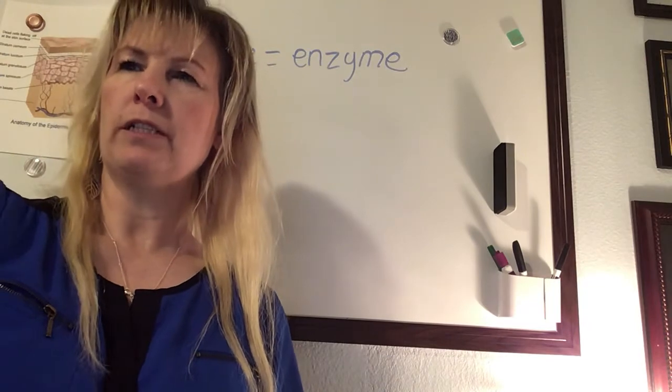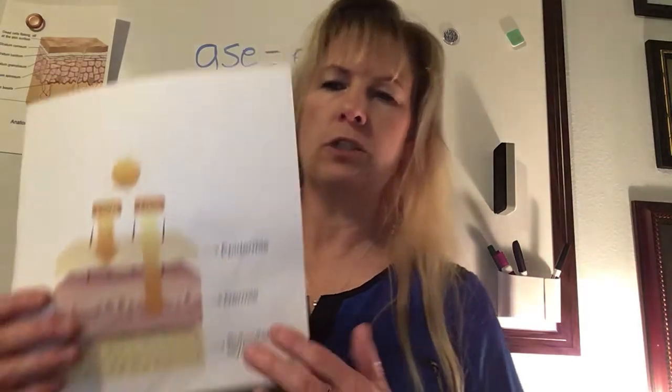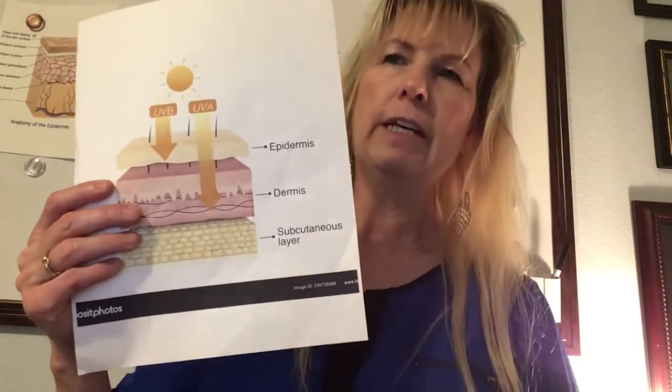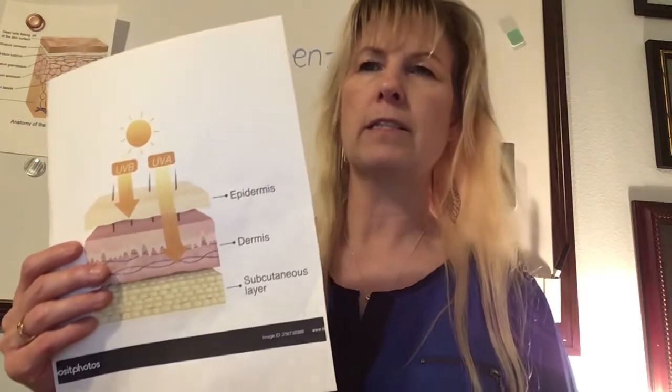Okay, so now we're going to start with the subcutaneous layer, the deepest layer. It's also known as the hypodermis or superficial fascia. It is comprised of loose connective tissue or subcutaneous tissue, also known as adipose tissue. And you can see here it's 80% fat, which is adipose cells.